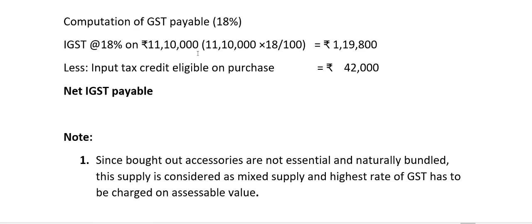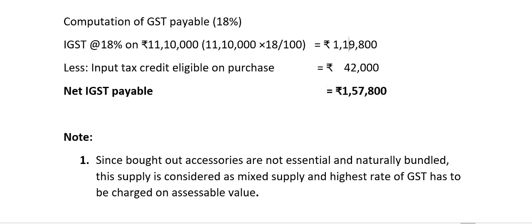18% on 11 lakh 10,000, 18% is 1 lakh 99,800. I told you he had taken raw materials on which he had paid IGST of 42,000. That 42,000 he can claim as input tax credit.